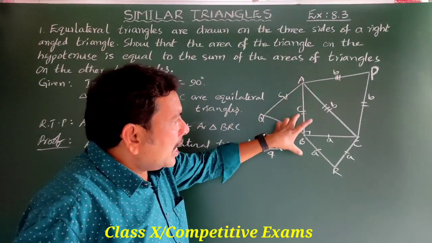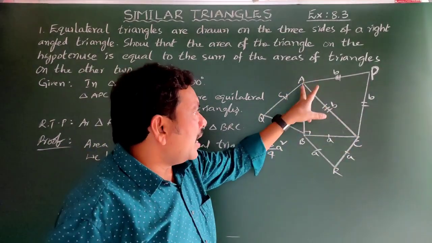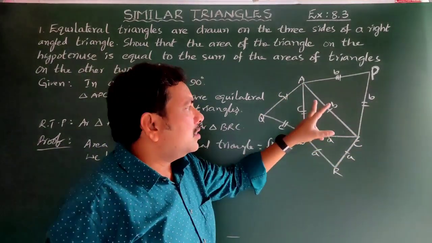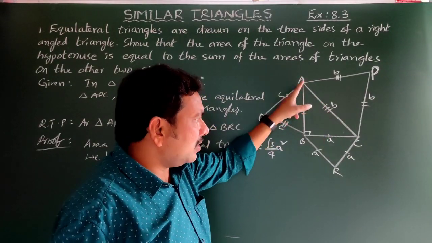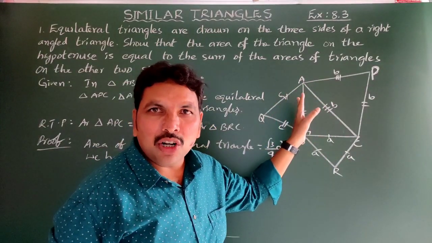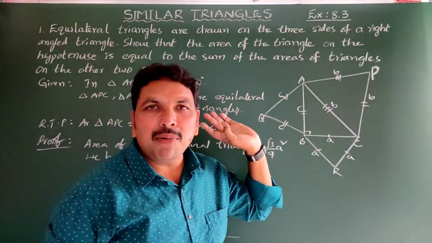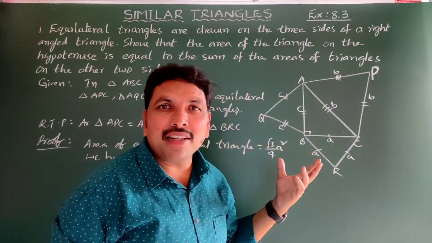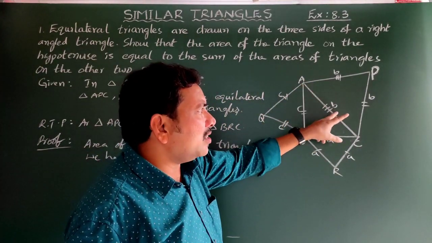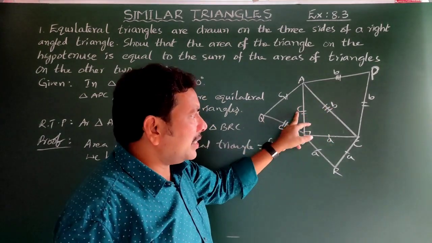In triangle ABC, a right angle triangle, the square of the hypotenuse is equal to the sum of the squares of the other two sides. Here the hypotenuse is small b, and the other two sides are c and a.